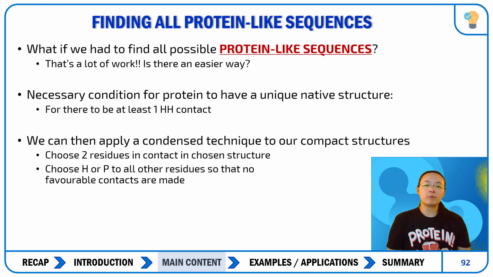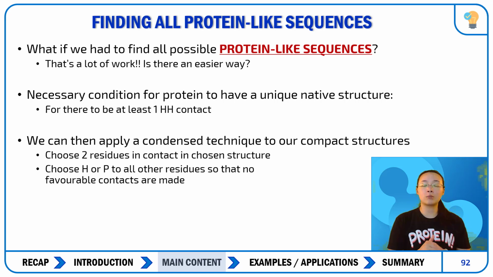So now, how do we approach a problem that asks us to find all the protein-like sequences? Keep in mind this is totally different from what we did before. Before, we were given a sequence and we had to determine whether it was protein-like or not. What if we're just given, for example, 6 monomers, and we have to design protein-like sequences?